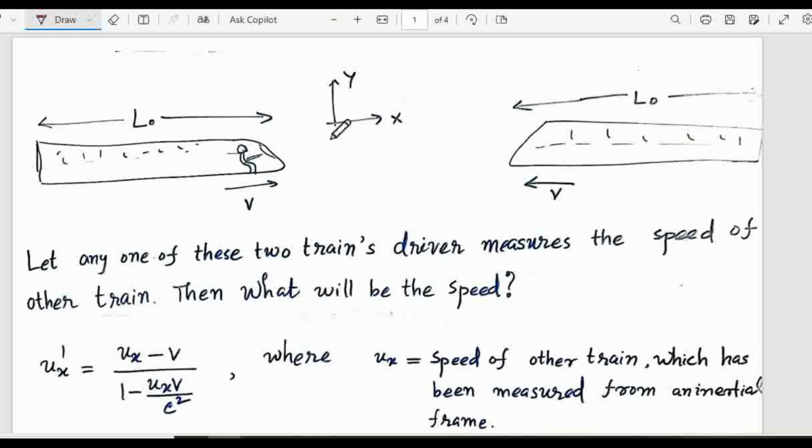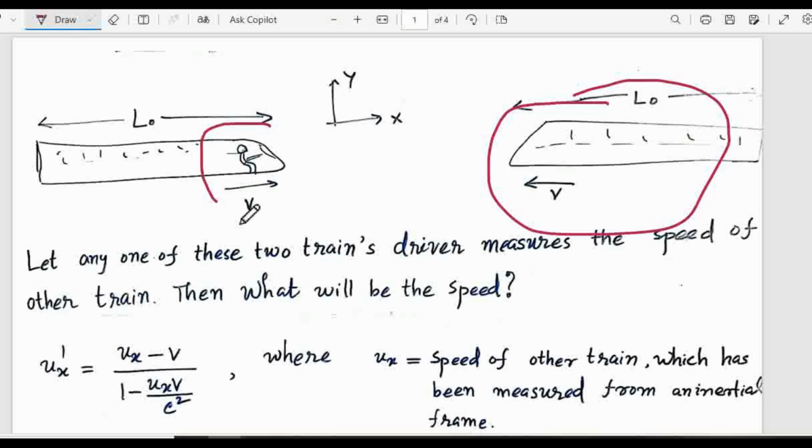This is the x direction, and we have to take this x direction as the positive direction. So what we have to find, we first have to find the speed of this train as measured by this train.